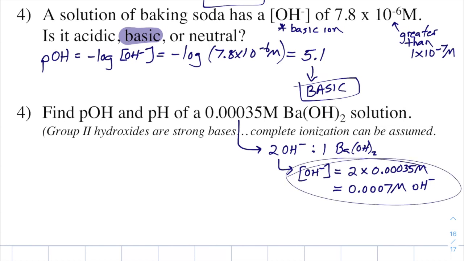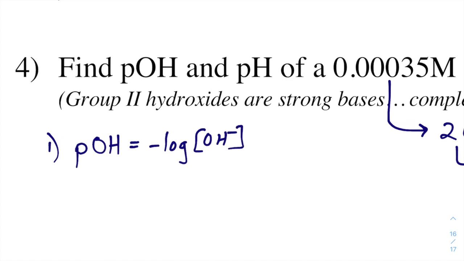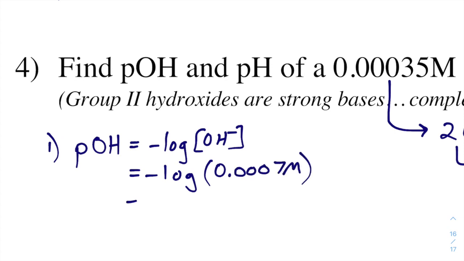If this is the OH, then the first thing I should do is find the pOH. So pOH is the negative log of the hydroxide concentration, which is the negative log of 0.0007. Let's just do that really quick.